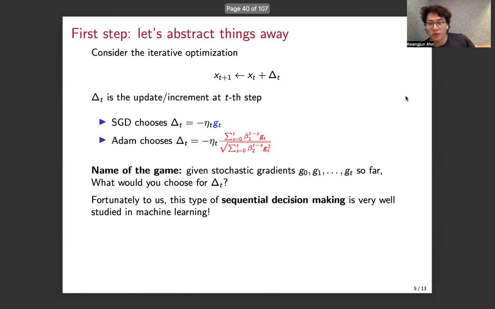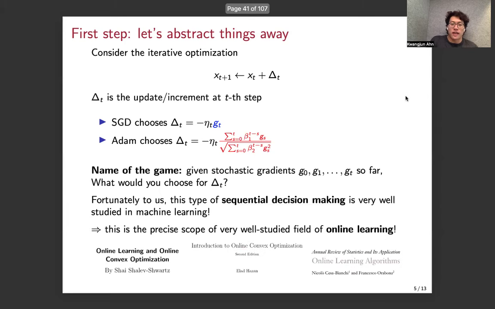Fortunately for us, this type of sequential decision-making scenario, where you make a choice and the environment reveals to you the next information about the environment, is very well studied. Here, the information about the environment will be the gradient sequence g_0 up to g_t, and you make the choice delta t. This kind of sequential decision-making setup is very well studied in machine learning under the name of online learning. There are multiple textbooks in the literature already. It's very well established with lots of exciting results.